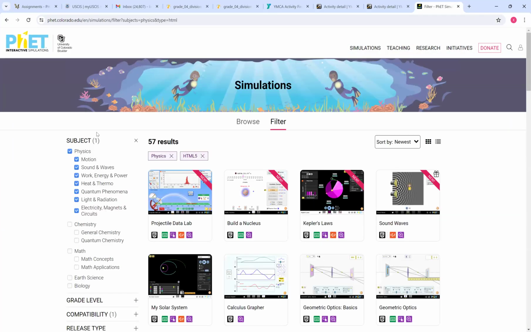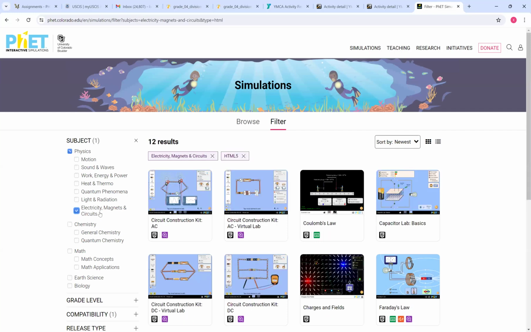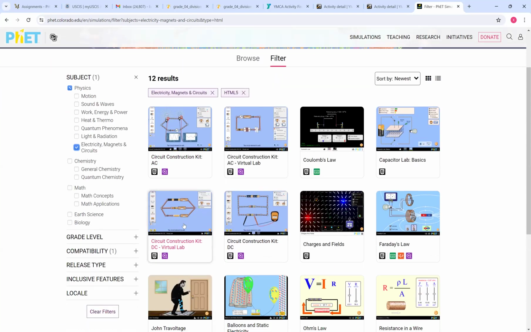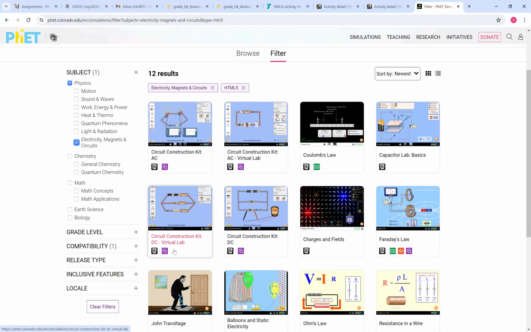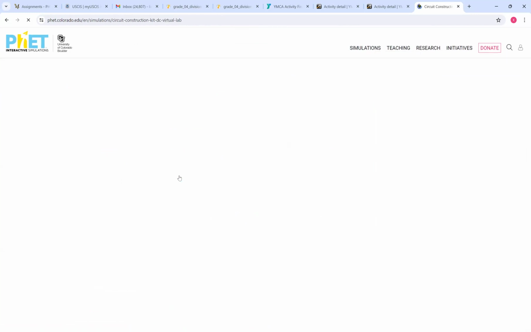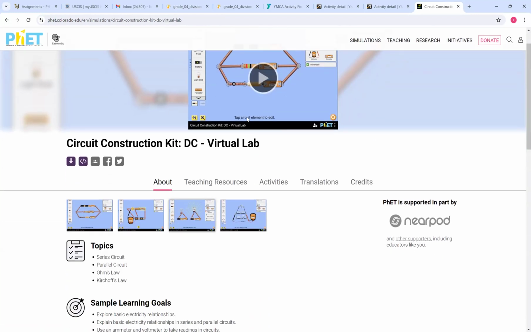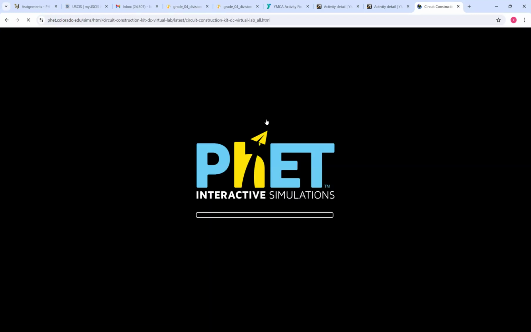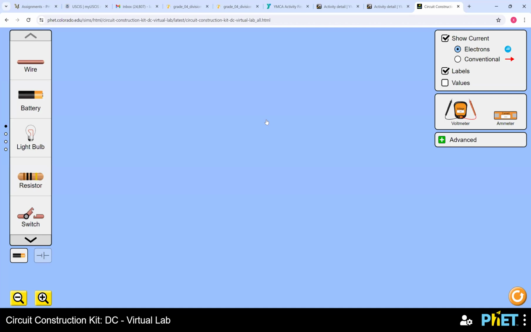Then you highlight electric, magnet, and circuit, and then you choose Circuit Construction Kit DC, and you are going to do this lab. So do this, and then double click on this. You can go to the simulation.